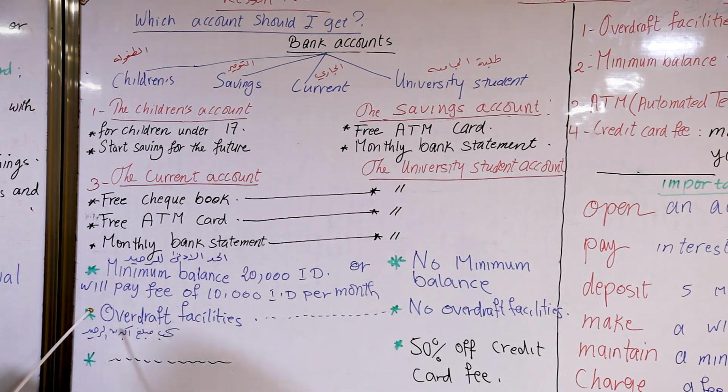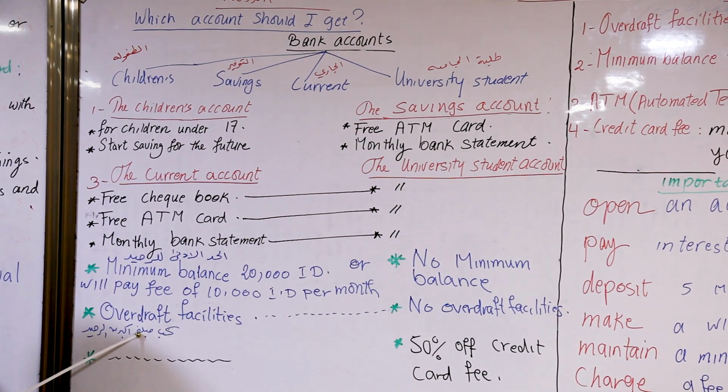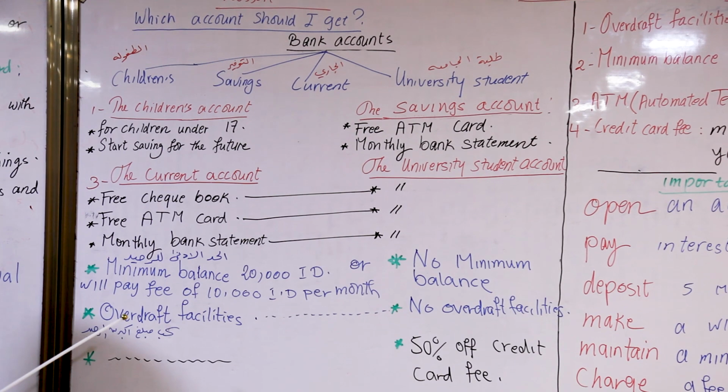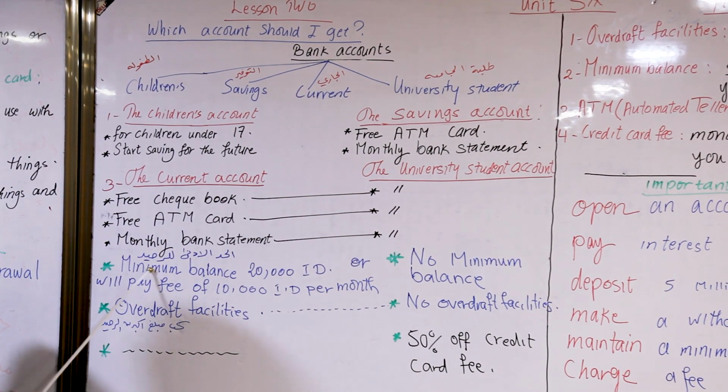The second difference, there is an activity in the current account, what is called overdraft facilities. Overdraft facilities هي القدرة على سحب مبلغ أكبر من الرصيد. If you have only 20,000, which is the minimum balance in your account, and you need 50,000, the bank will give you. وهذا ما يسمى بالoverdraft facilities.